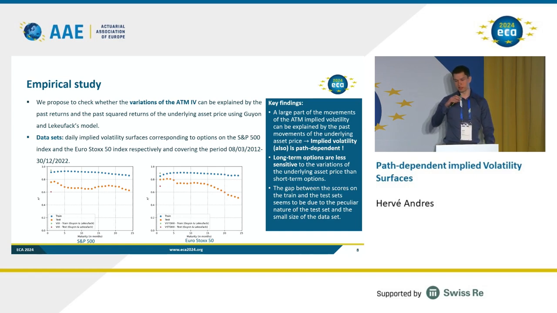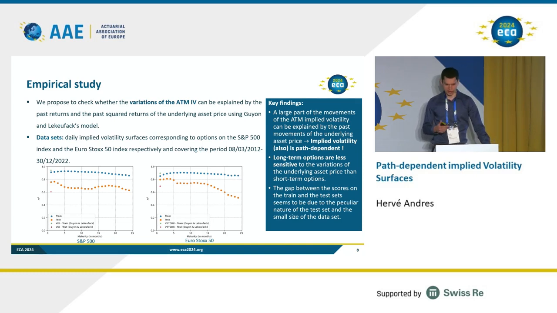The second one is that you observe a kind of decrease of the predictive performance of this model with the maturity. This is quite expected because you do not expect long-term options to be as sensitive to the underlying asset price as short-term options. And finally, you can see there is a small gap between the train and the test set results.